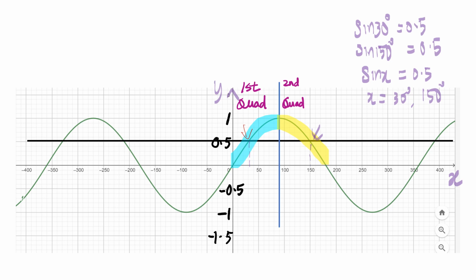Okay, so how about the negative angles then? For the negative angles, which are the quadrants that will give us the positive value? If you look at the left hand side, this intersection point actually comes from the fourth quadrant of your negative angle. One, two, three, four. This one is the fourth.